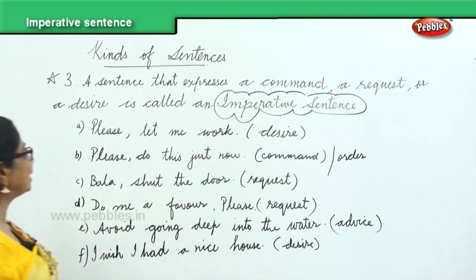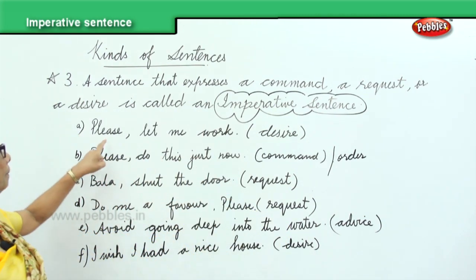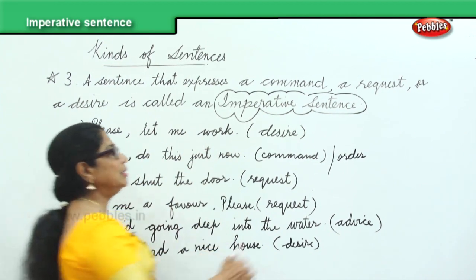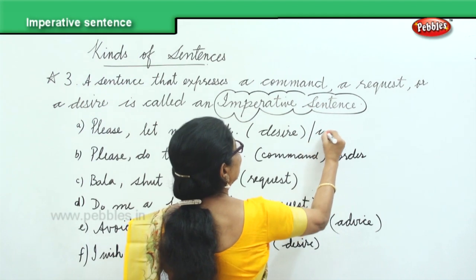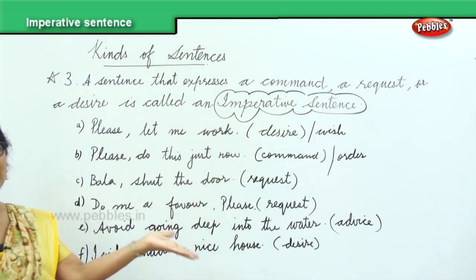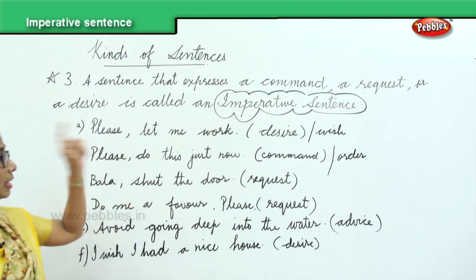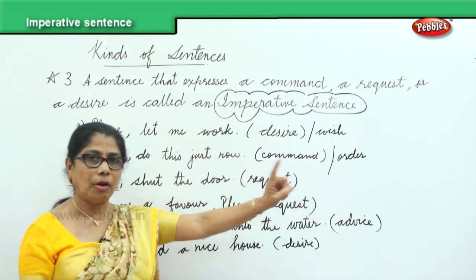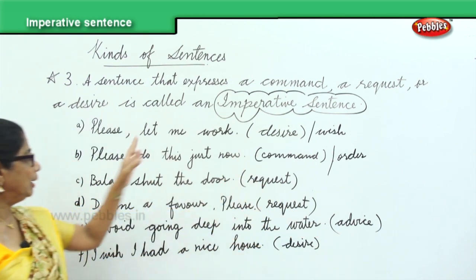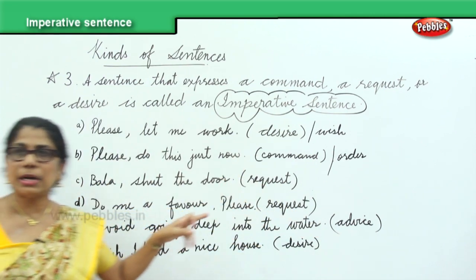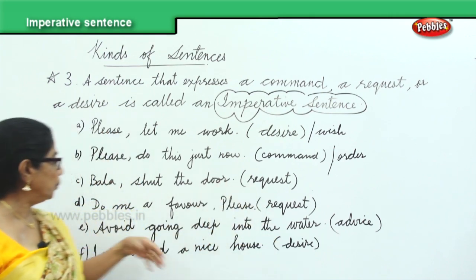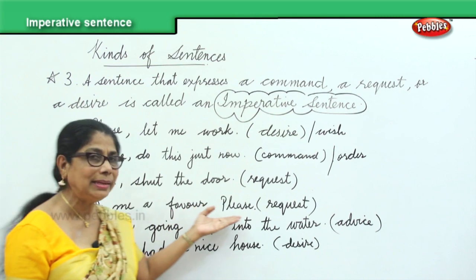Let's look at the sentences again. Please let me work. That's a wish, either a desire or it can be a wish. I'm wishing. I wish to work here. Please do this just now. Ordering, commanding, right now. Imperative sentence. Bala, shut the door. Order. Do me a favor, please.